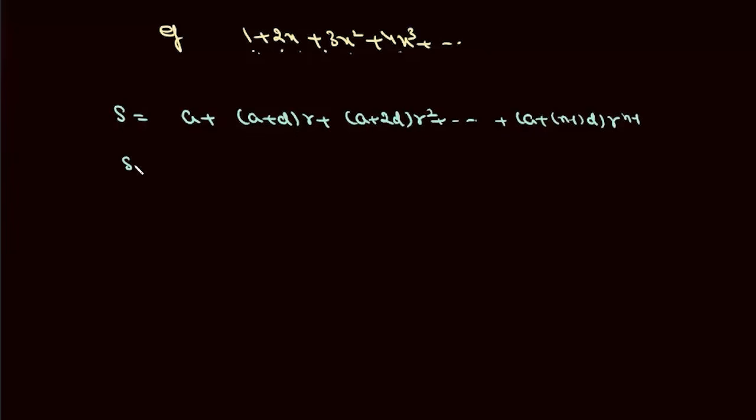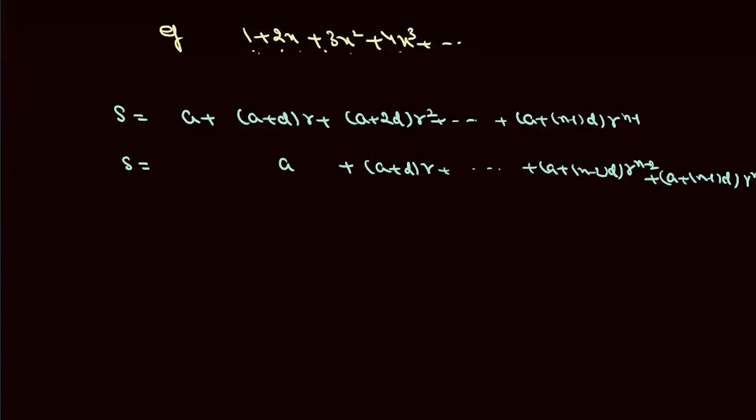We'll write the same series again, shifting it by one term. So it will be A, A plus dr, up to A plus n minus 2 d, R to the power of n minus 2, and then plus A plus n minus 1 d, R to the power of n minus 1.